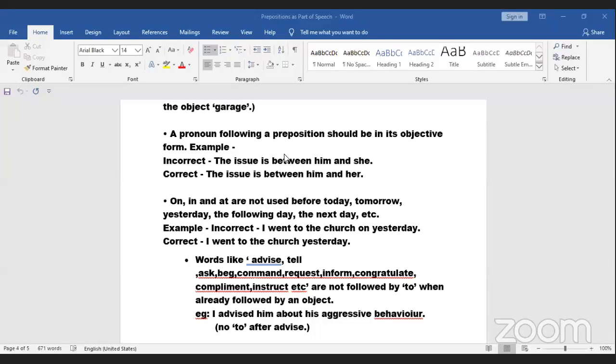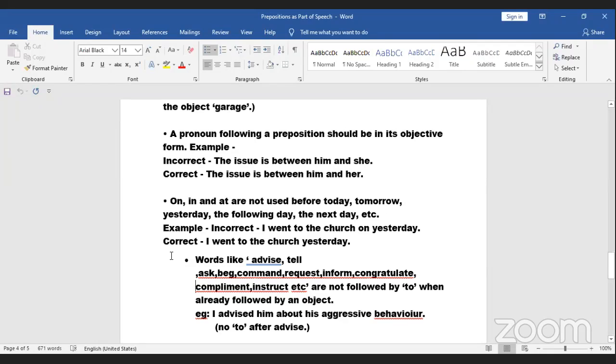So after a preposition, the pronouns following should always be in objective form. Between he and she is wrong. Between him and her. Another thing, it might be possible that you will get this in spotting error. Again, I told you, a moderately lengthy sentence and they'll confuse you.